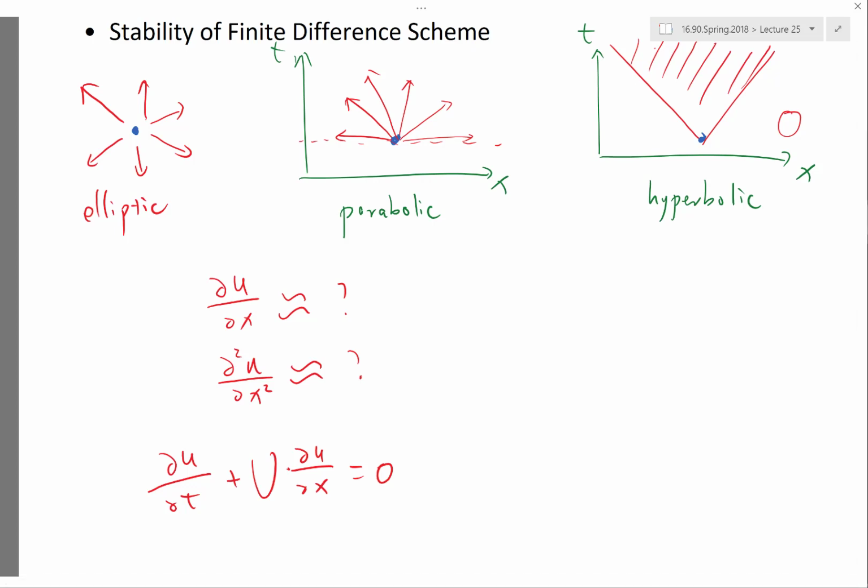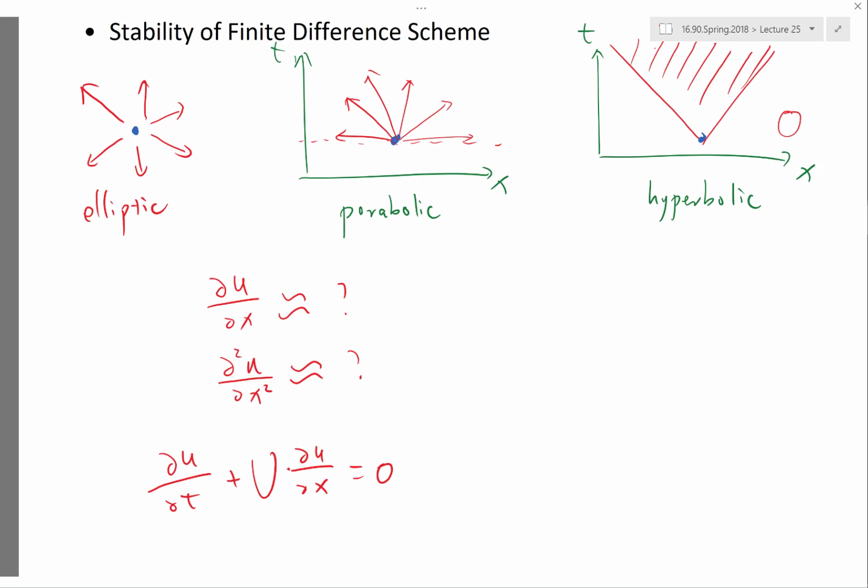I think we studied upwinding, right? The scheme would be more stable if we do upwinding. If we do central difference, the eigenvalues lie exactly on the imaginary axis, so it's neither stable nor unstable. If we do upwinding, the eigenvalues are shifted towards the negative part of the real axis. So the scheme is more stable and you can use forward Euler to solve it.